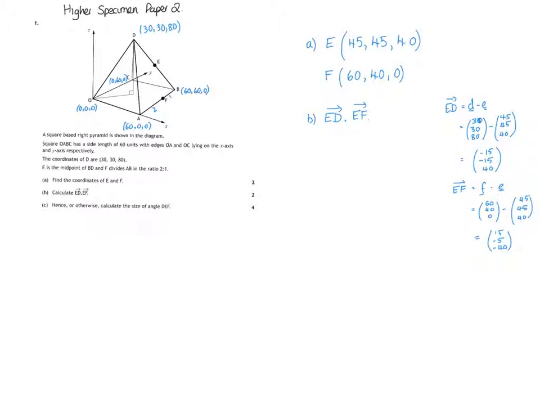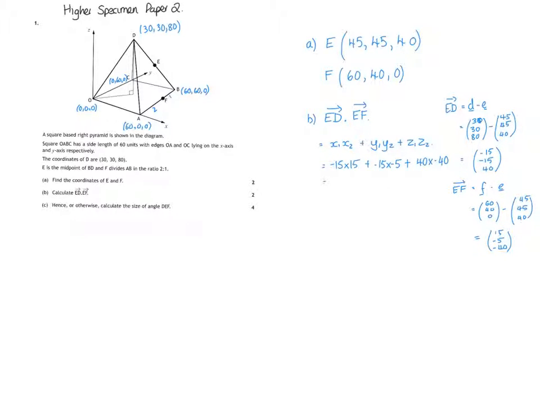Okay, so to do this, we're doing the dot product, which is where we do x1 x2 plus y1 y2 plus z1 z2. So that's going to be minus 15 times 15, plus minus 15 times minus 5, plus 40 times minus 40.